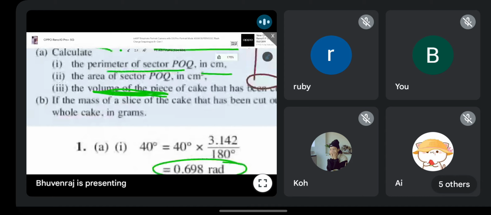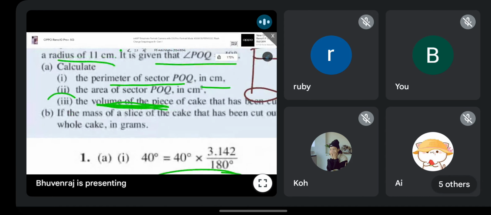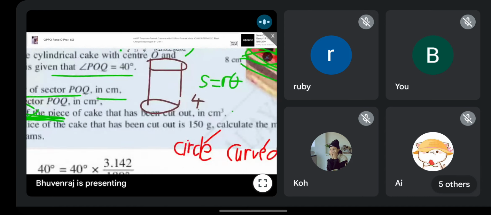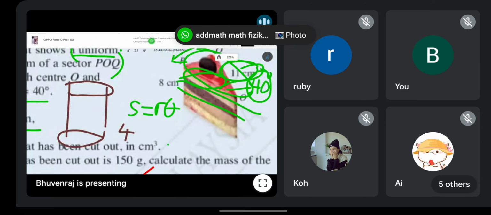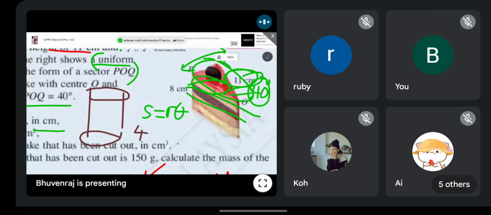Okay, so guys, now is the question number 3. How do I get the volume for this cake? Macam mana saya boleh dapat isi padu? Can anyone tell me? What is the method? This one challenging a bit. How to get the volume? Anyone?